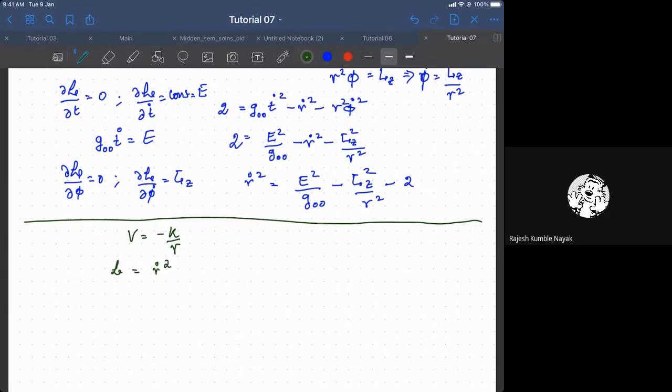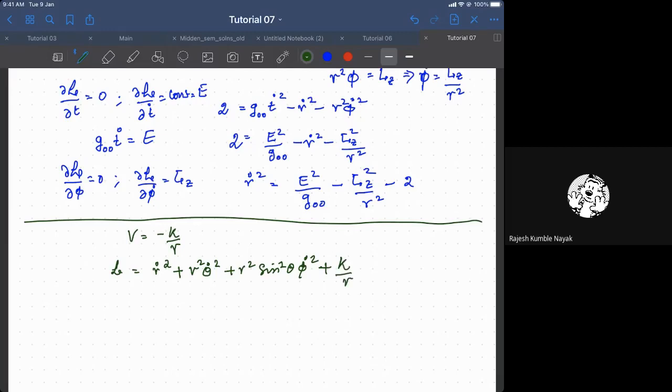So you can see that r, now it is plus again. I have used negative there, but that should not be a problem for the interpretation. r dot square plus r square sine square theta phi dot square. Now here comes the plus K by r.